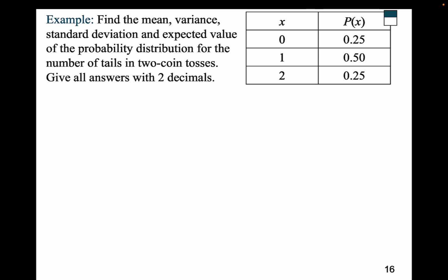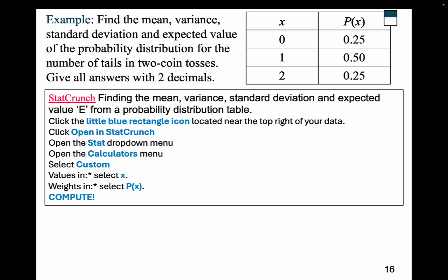And if you're worried about forgetting those StatCrunch commands, use this to reference. And that StatCrunch program provided us with the population mean, mu, which is equal to 1, which makes sense. If you're going to flip a coin twice, the average or the mean for the count of results that are tails, you'd get 1.